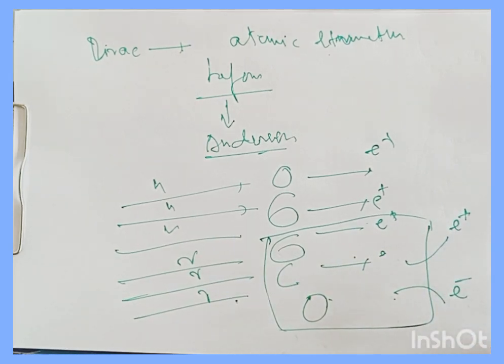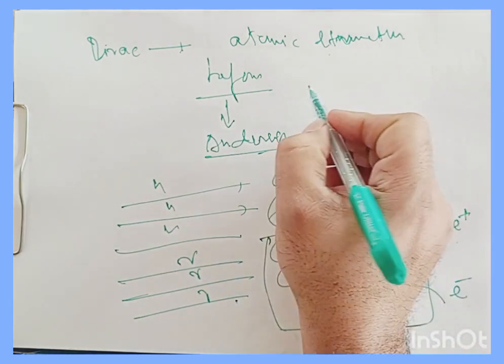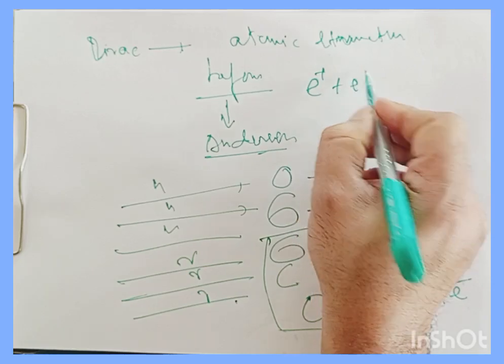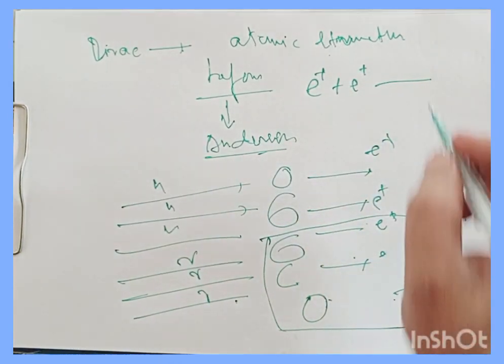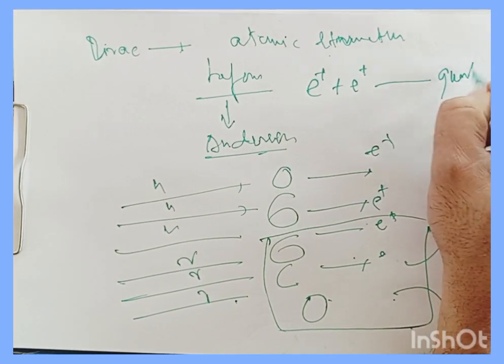The positron has no permanent existence in matter of ordinary density, because it recombines with an electron, and when it recombines with an electron, it gives us a quantum of energy.